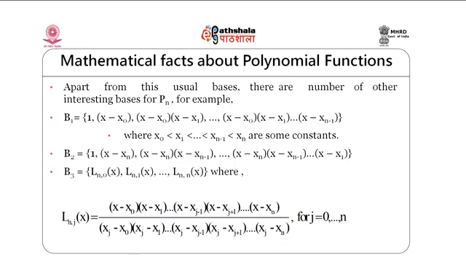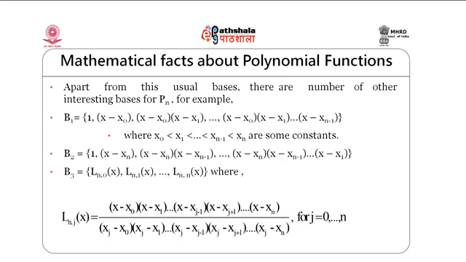So, this is a quadratic polynomial: first is the constant 1, second is a first degree polynomial, third is second degree and so on, and the last is going to be the product of all the factors x minus x 0, x minus x 1 up to x minus x n, where x 0, x 1, x 2, up to x n are some constants which are distinct from each other. Then that also will work as a basis for P n.